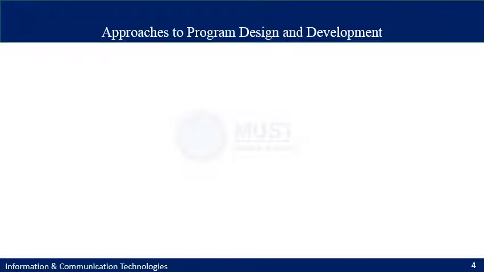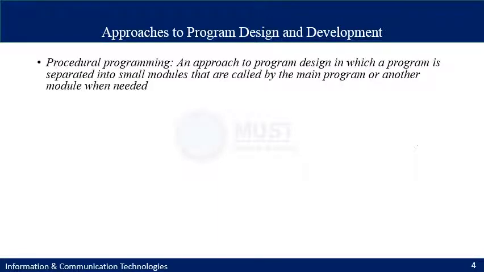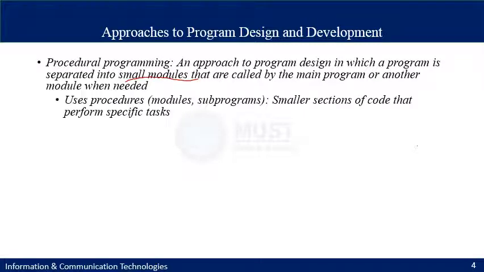So, as I have mentioned earlier, there are various approaches to program development, and one of the most commonly used approaches is procedural programming. Procedural programming is an approach to program design in which a program is separated into small modules that are called by the main program or another program or module whenever needed.